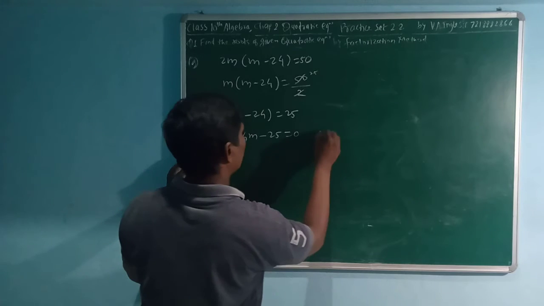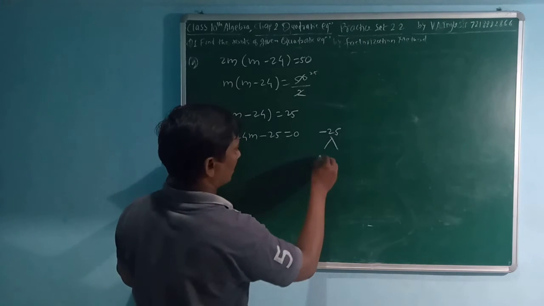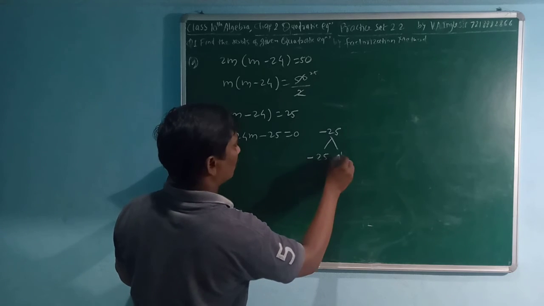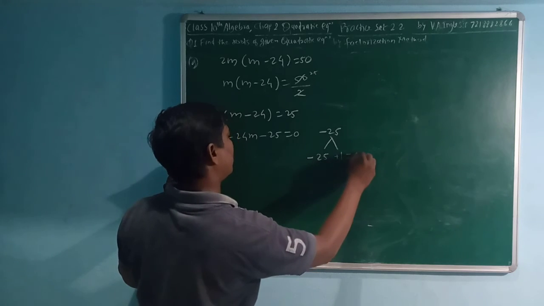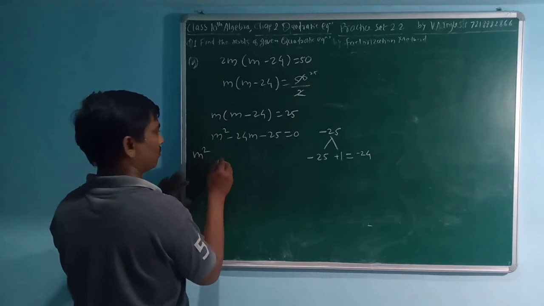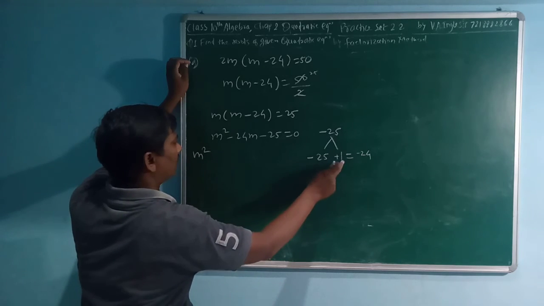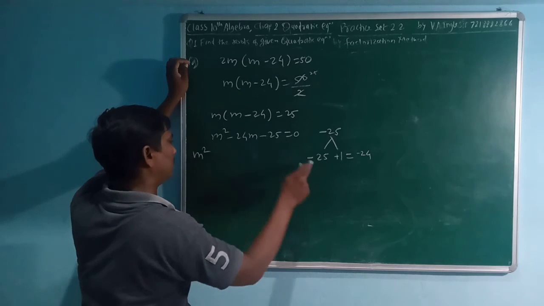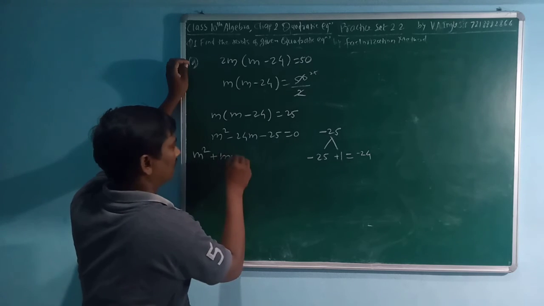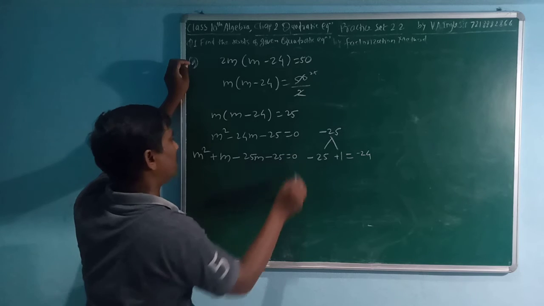So factorize 25: 25 into 1, and 25 should have a minus sign, so that you will get minus 24. So this will become like this, m square, then minus 25m and plus m, minus 25 equals to 0.